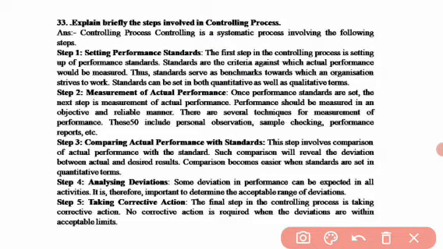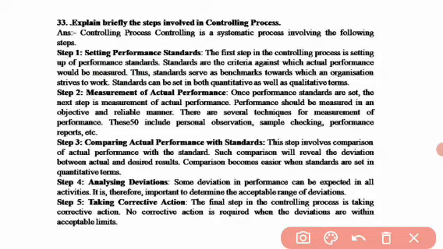In first step, the business organization has to set up the standards of the organization. Setting performance standards. In first step, the controlling process is going to set some of the standards of the business organization. So why the standards are to be set?